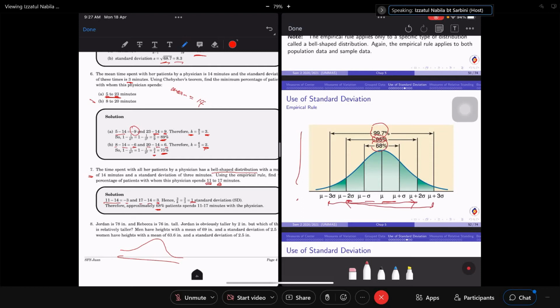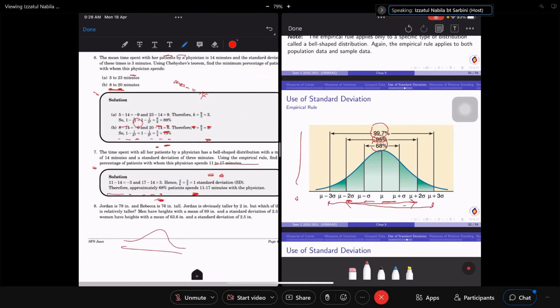You don't have to calculate 1 minus 1 over K squared as just now. When you calculate and get 1 standard deviation, automatically you know that 1 standard deviation is 68%, so you just put 68%, provided that the problem gives you information that it is a normal distribution. Normal distribution can also be known as a bell-shaped distribution.